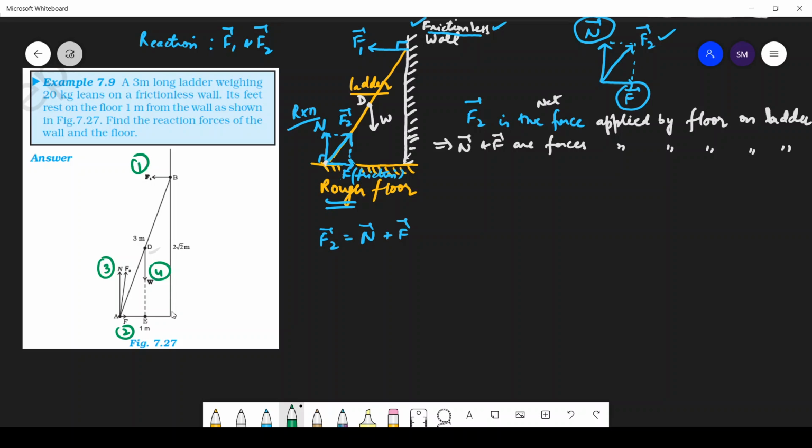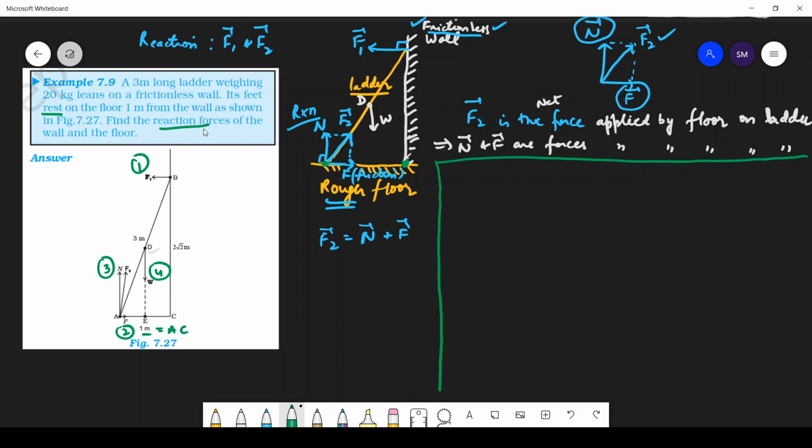Here again, this is in equilibrium. So we will have the translational equilibrium as well as rotational equilibrium. This ladder is at rest. It is given that its feet are at rest on the floor 1 meter from the wall. So this distance from here to here is 1 meter, AC equals 1 meter.